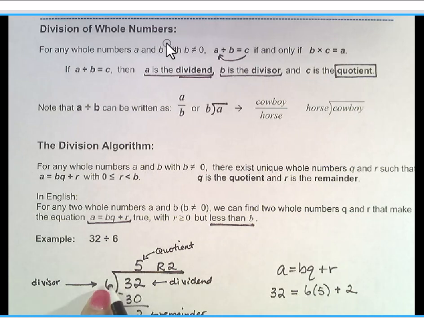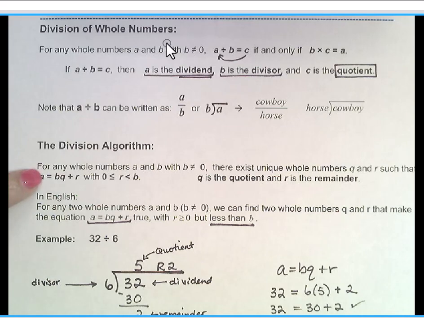Basically this is just a way to check your answer. So this would be 32 equals 30 plus 2. Yeah, we got it right. 32 is equal to 32. So we did it correctly. 6 times 5 plus 2 more is your 32.